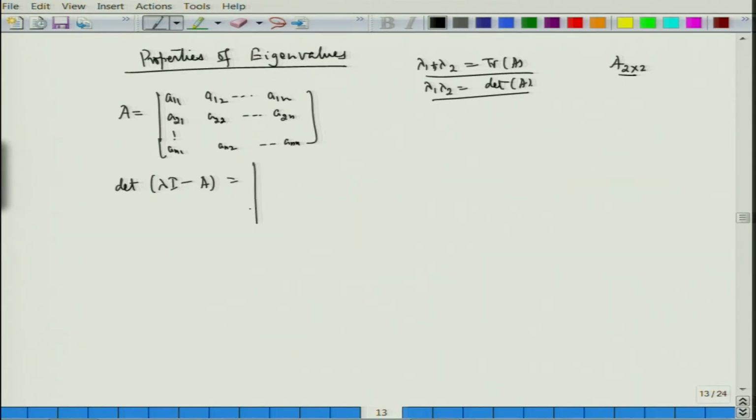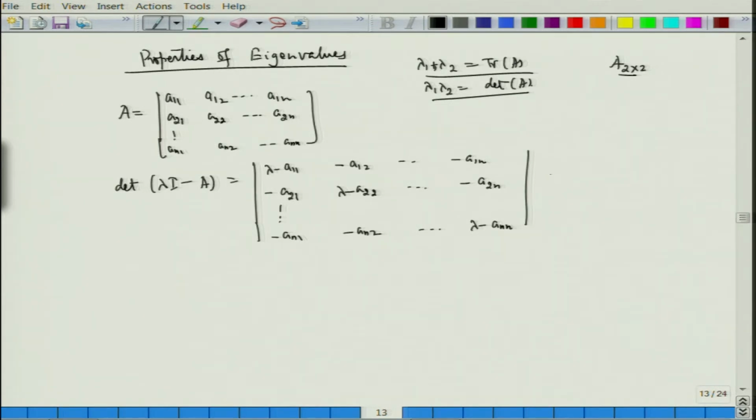It is nothing but determinant of lambda minus A11, minus A12, minus A1n, minus A21, lambda minus A22, minus A2n, minus AN1, minus AN2 and lambda minus ANN. So, this is what I have.